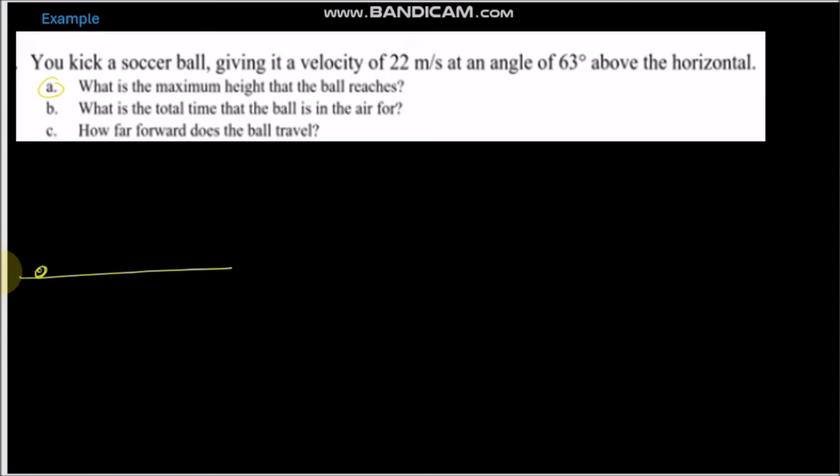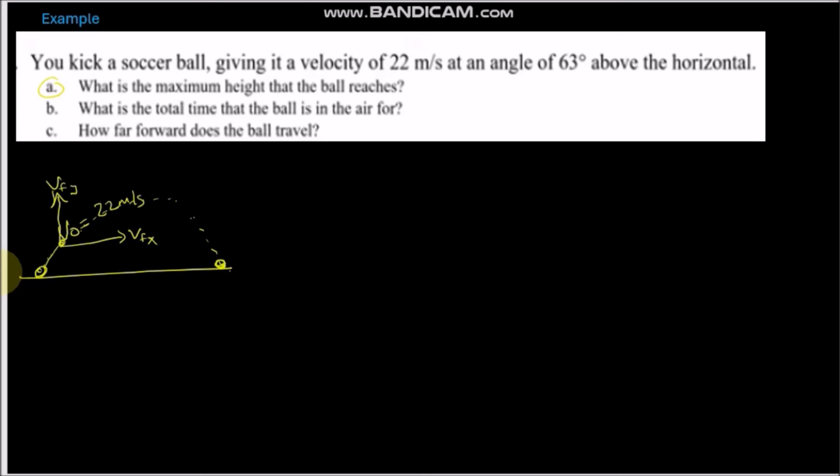The soccer ball is kicked like this with initial velocity v naught of 22 meters per second, and the ball has vertical and horizontal components, v final across x and v final across y, and it arrives around here.